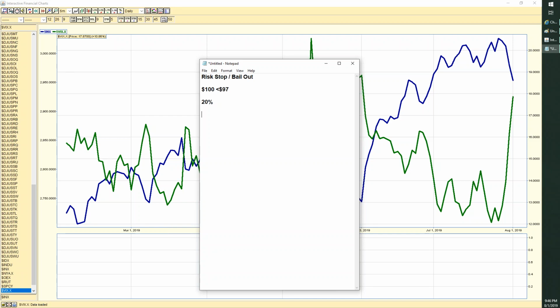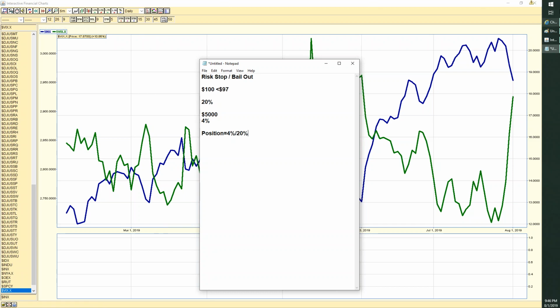So let's say we have a small portfolio of $5,000. That means our max allowable risk to our portfolio is 4%. The position size, in other words the percentage of your portfolio that you would invest in this particular trade, is equal to the max allowable risk per trade divided by the worst case scenario risk from the trade.